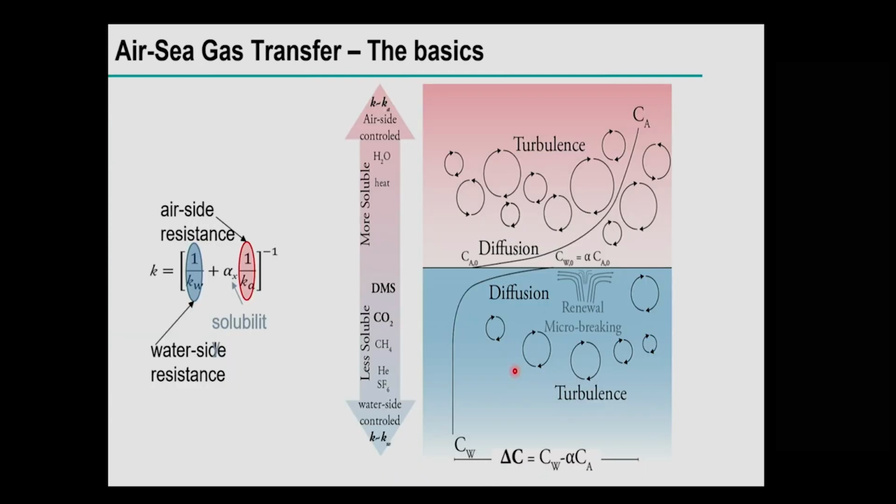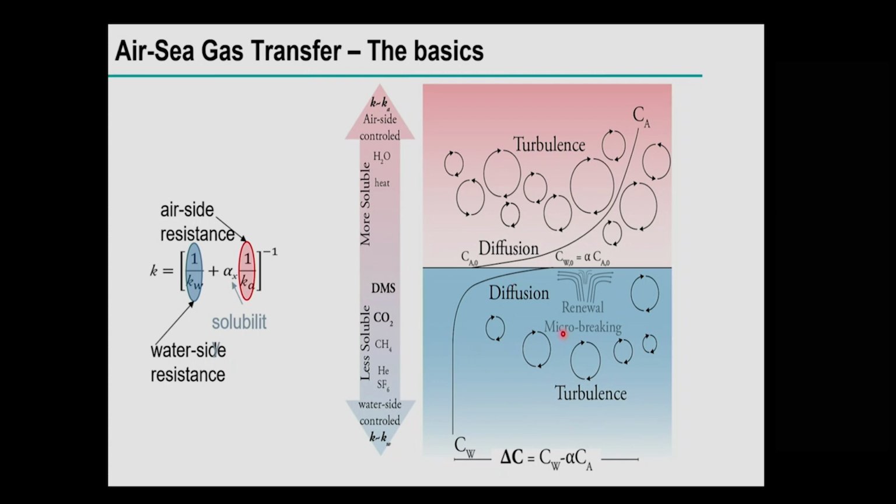The interesting part with the gases is that the gas transfer actually happens in three different compartments. It happens in the atmospheric viscous layer. It happens across the interface, and it happens in the ocean surface layer.